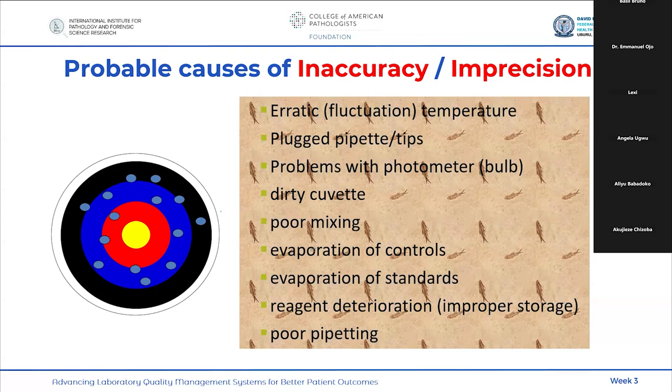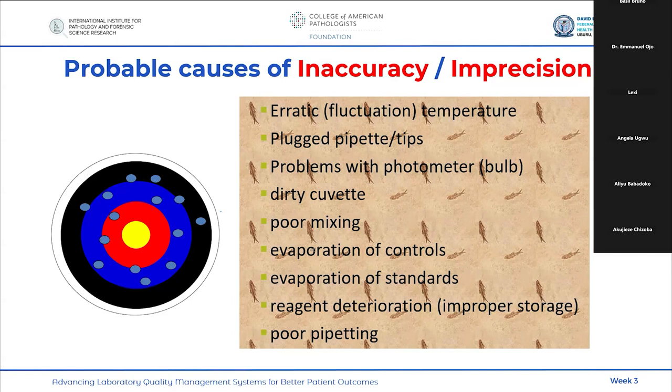So if there is poor storage of control, it could also lead to evaporation of control, especially when you do storage. And also we have to talk about, at this point, when you have aliquoted your sample into smaller quantities, it is important that you store at the right temperature.